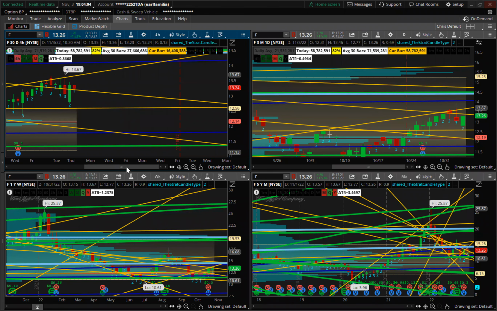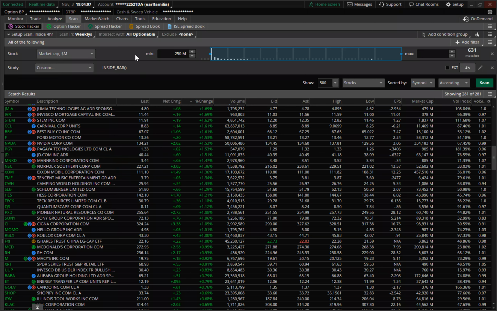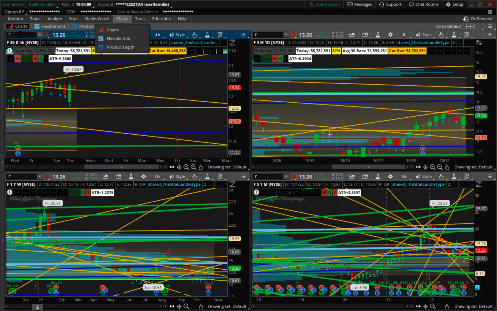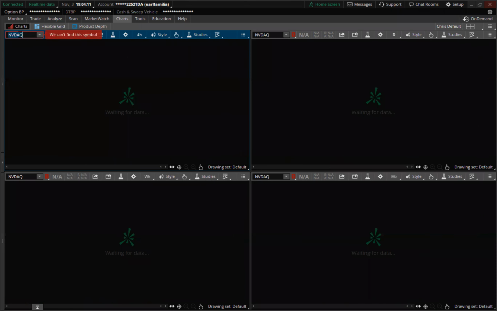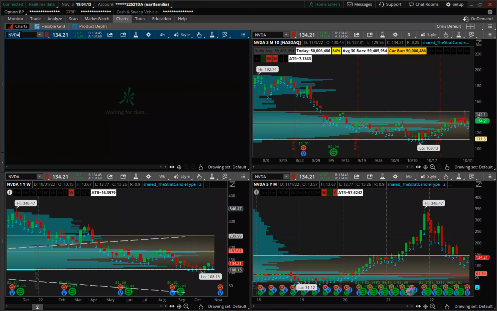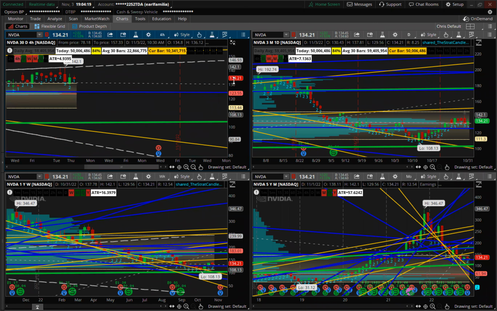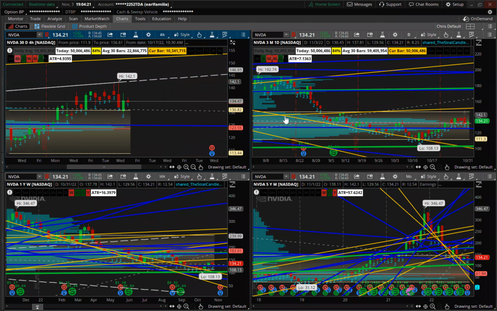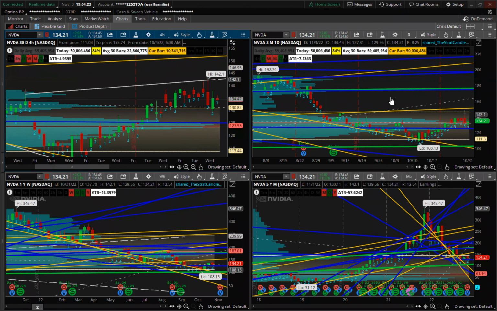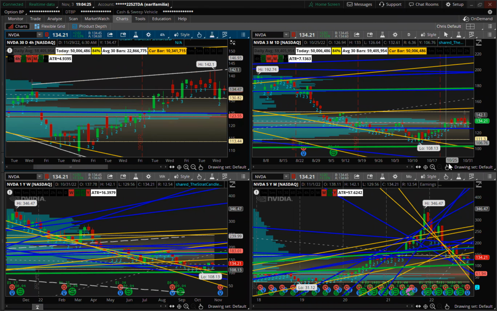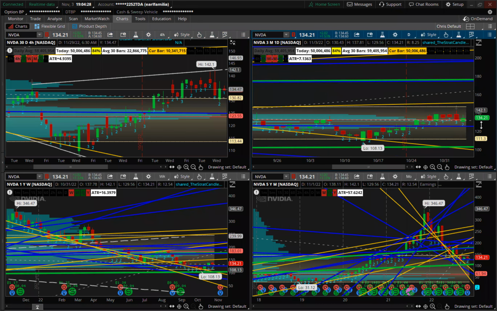So let's see. NVIDIA, XOM. This was to be expected though, with the way SPY looked. We got a shooter on the 4-hour on NVIDIA. And again, this will depend on what SPY does tomorrow.